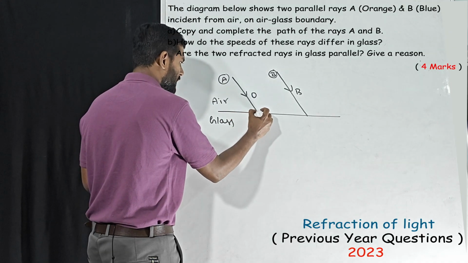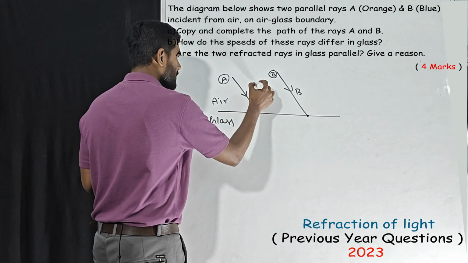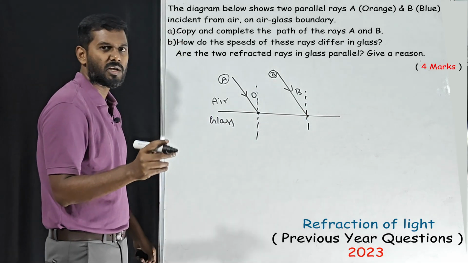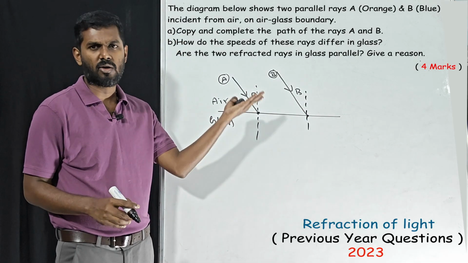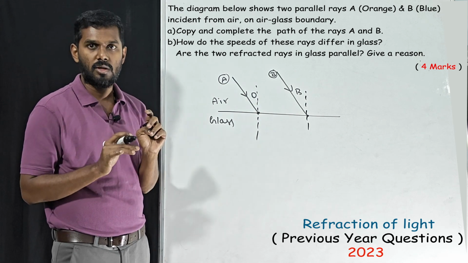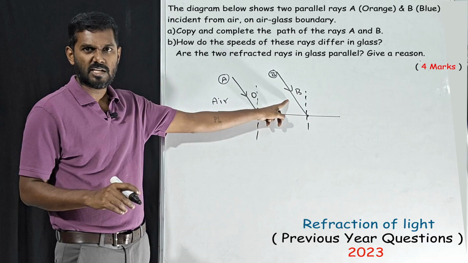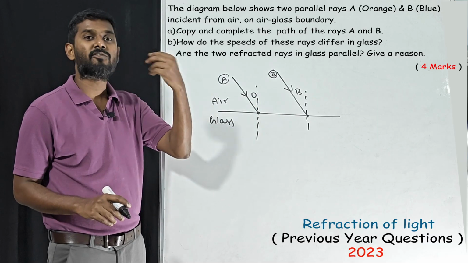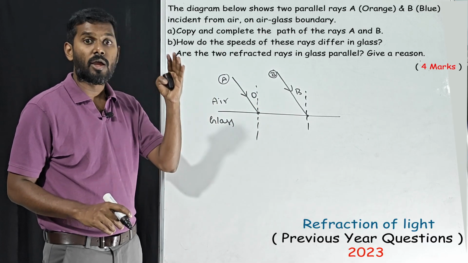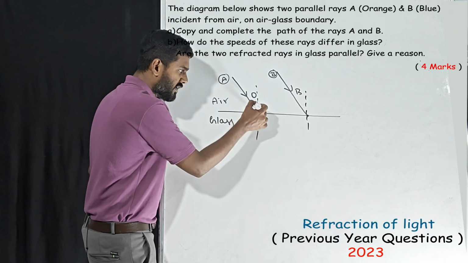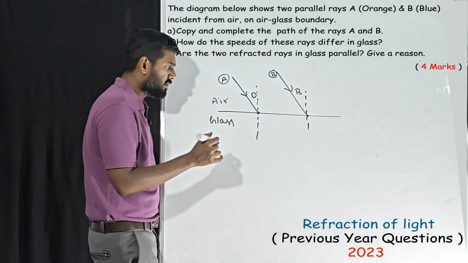Whenever you see a point of incidence, draw a normal. Now here many students will think however they draw it, they are going to get marks. Completely wrong. Orange has more wavelength than blue color. Orange has more wavelength, that means speed of orange is more than blue. Correct. The deviation is also important.